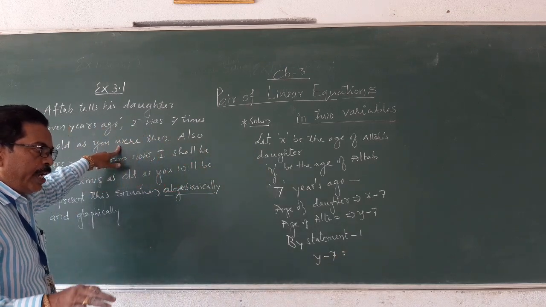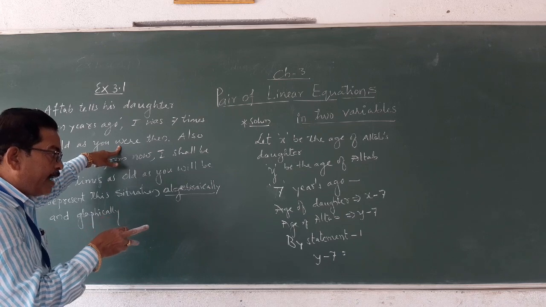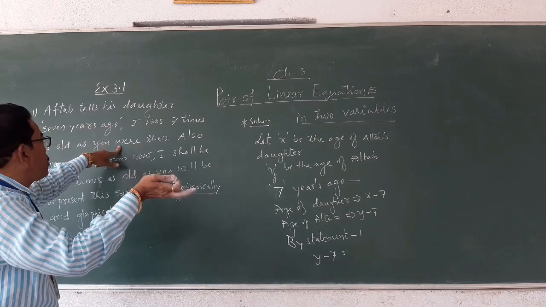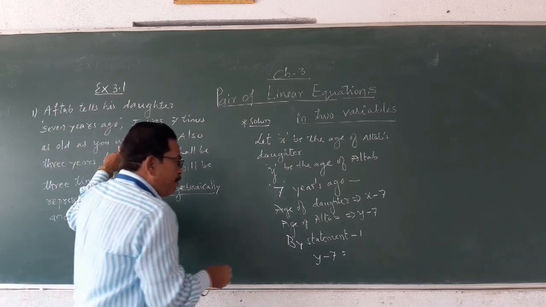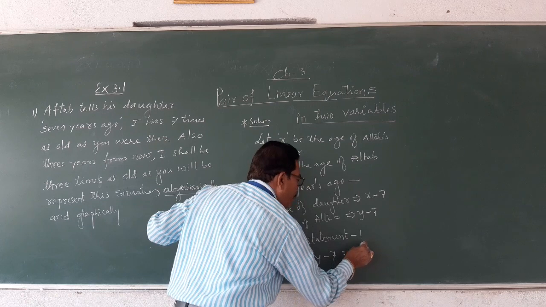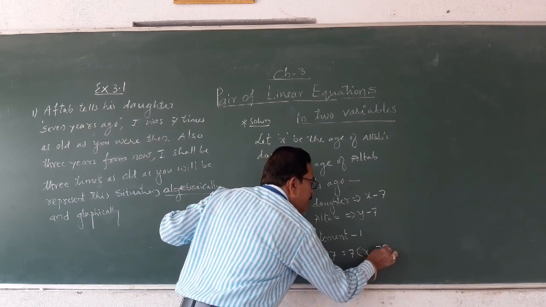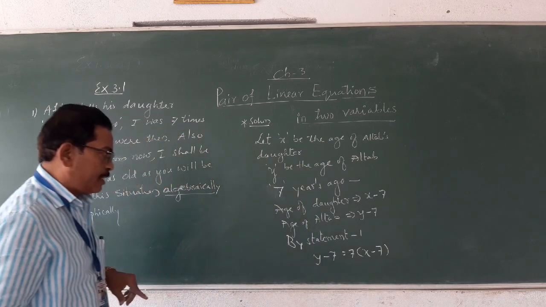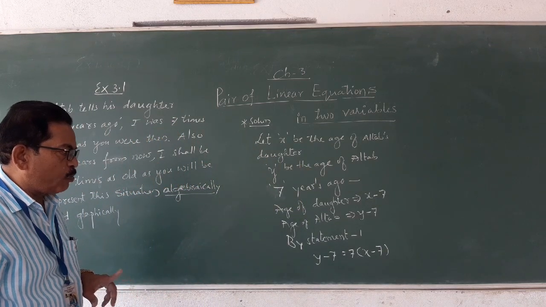Seven years ago, he tells his daughter that 7 years ago I was 7 times your age. That is 7 times y minus 7, and the daughter's age is x minus 7. So y minus 7 equals 7 in the bracket x minus 7.